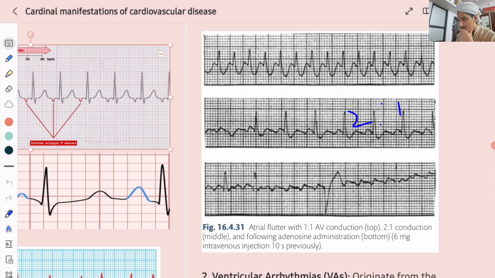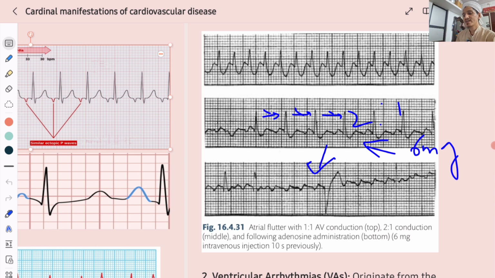This is a narrow complex regular tachycardia. But whether it is AVNRT or AVRT, we are not able to differentiate it. So what you are giving, see here, you give adenosine 6 mg. After giving adenosine 6 mg this is happening. You are blocking the AV node, increasing the resistance of the AV node. So the conduction of impulses from the atria is reduced very much.